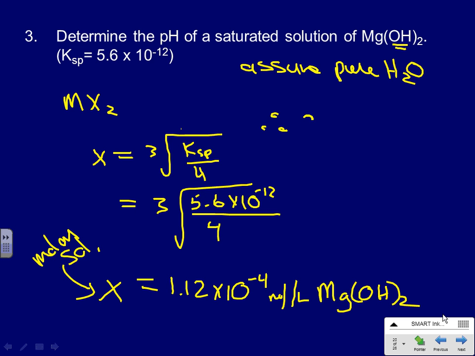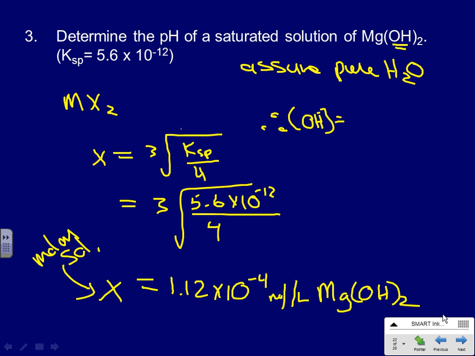Therefore, what's the OH concentration? If 1.12 times 10 to the minus 4 moles of Mg(OH)2 dissolved, how much OH is there? Yep, Kristen? I doubled it, right? It's that 2 OHs for each Mg(OH)2 that dissolves.